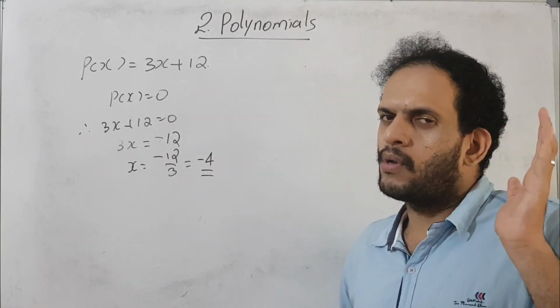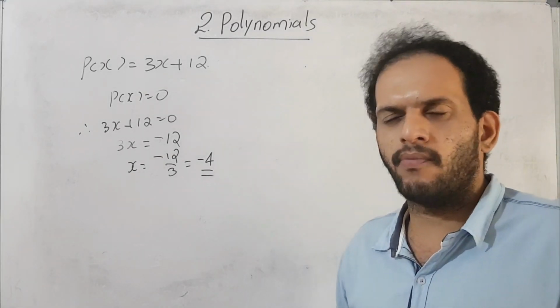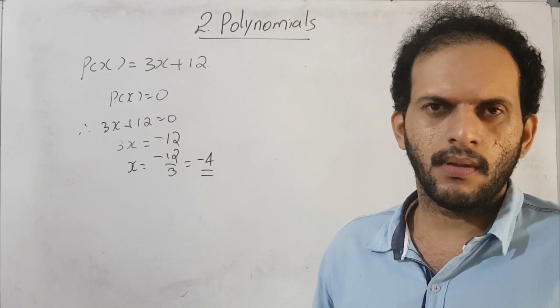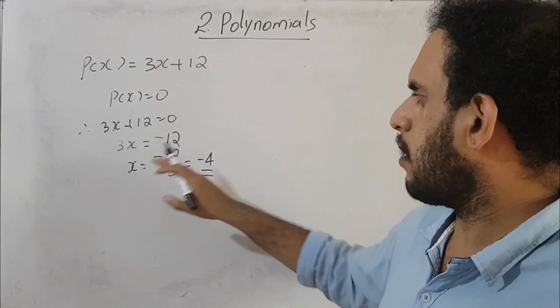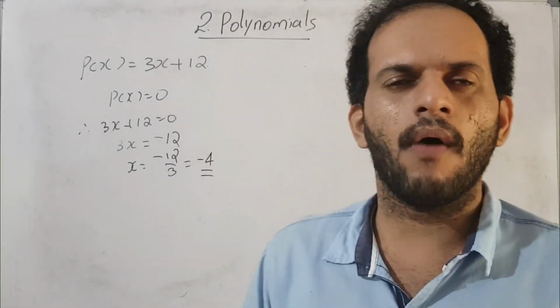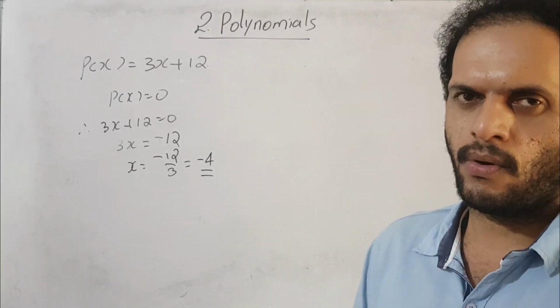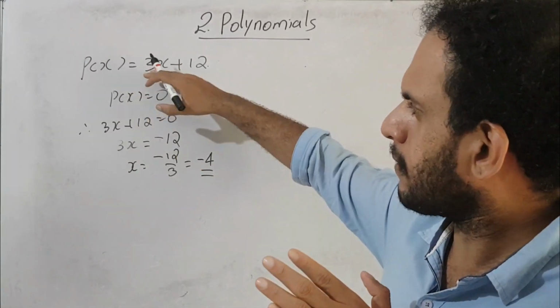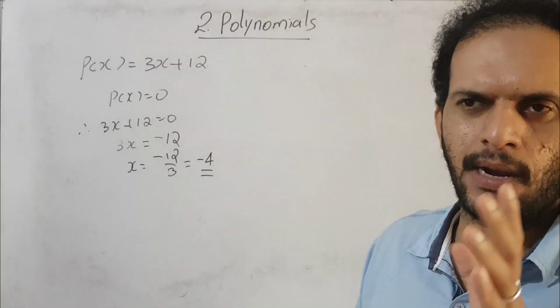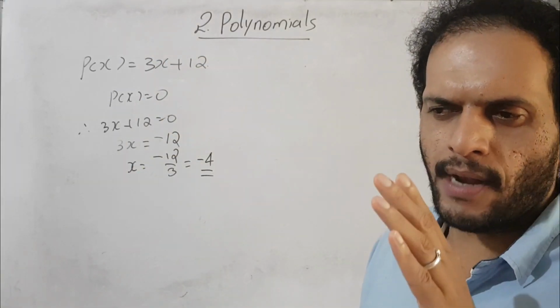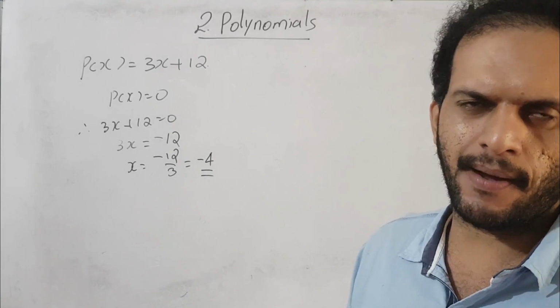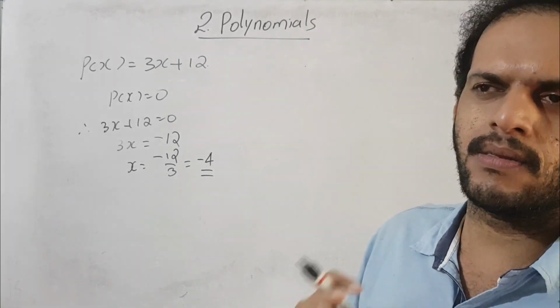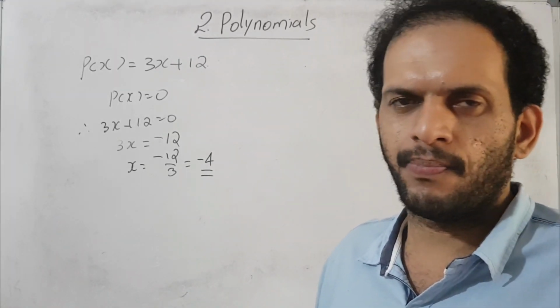I think you remember now the idea of how to find the 0 of the polynomial. Correct? Then x is equal to minus 4 is the 0 of the polynomial. Okay. So, it's a linear polynomial, correct? 3x plus 12 is a linear polynomial. So, now we are generalizing the idea how to find the 0 of the polynomial directly.